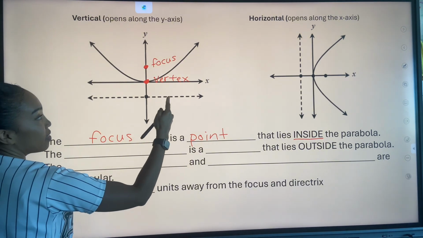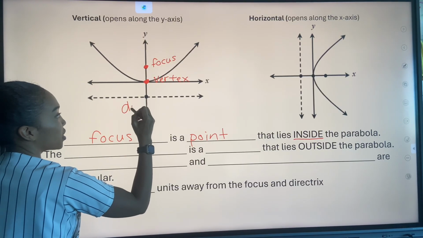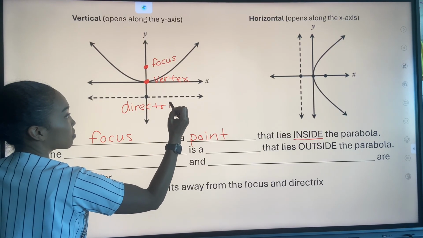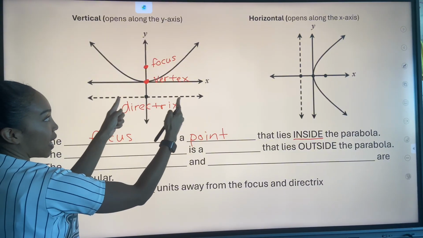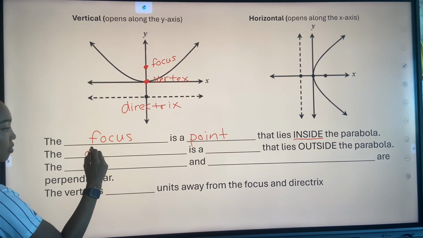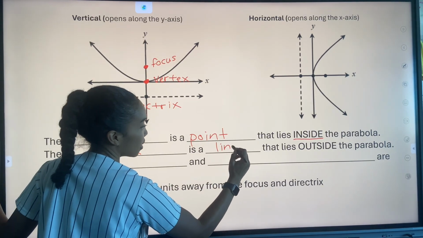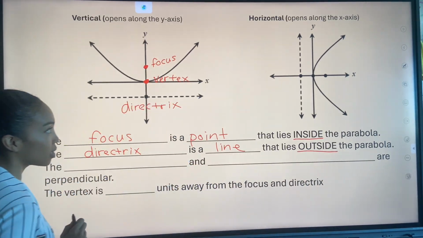This line that is outside of the parabola is called the directrix. It is a line, as you can see, and it is always outside of the parabola. The directrix is a line outside the parabola.